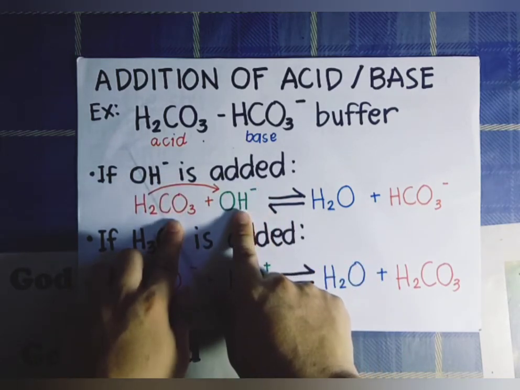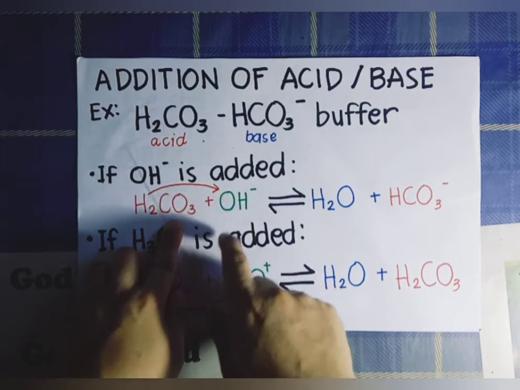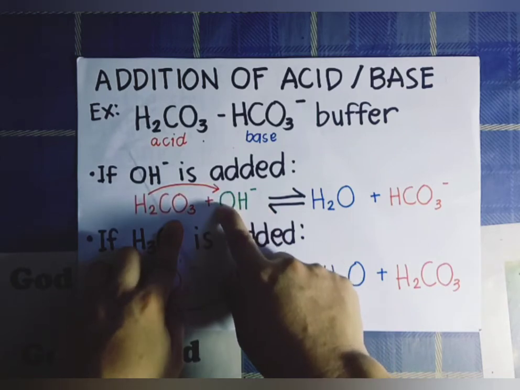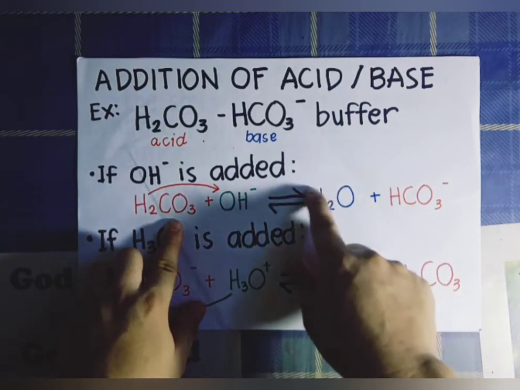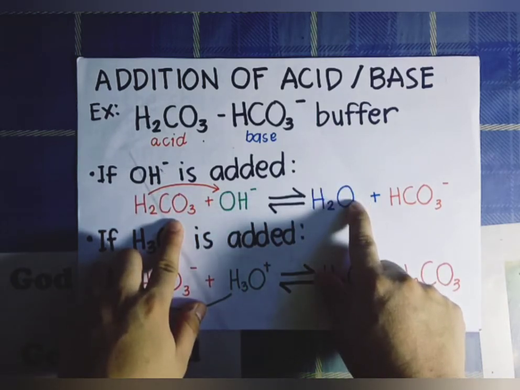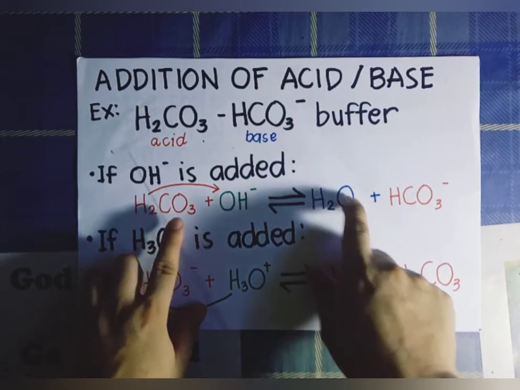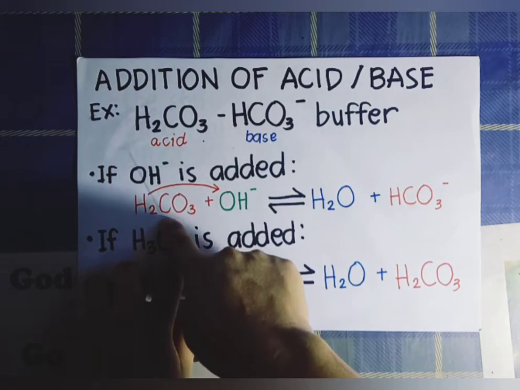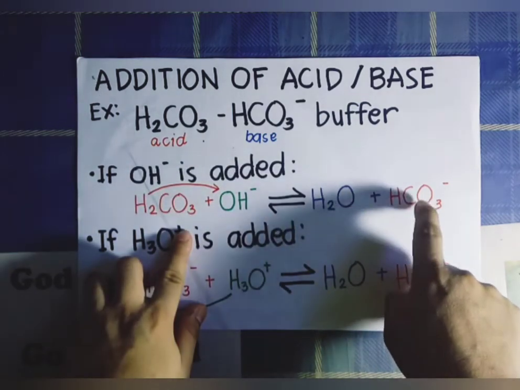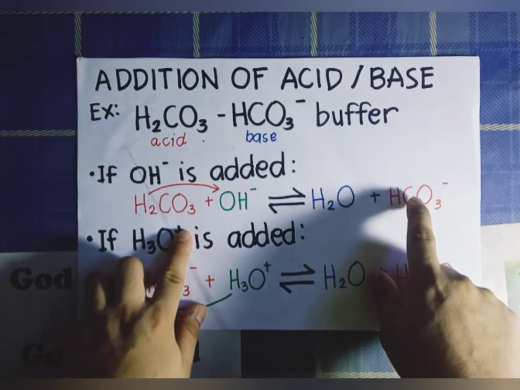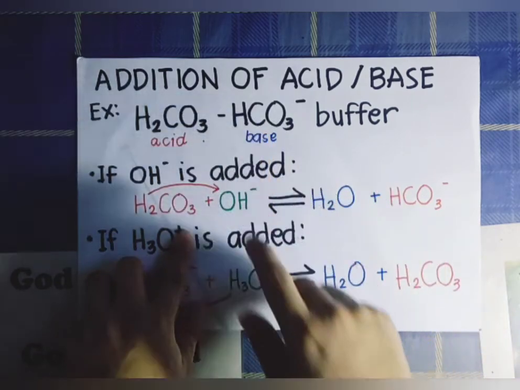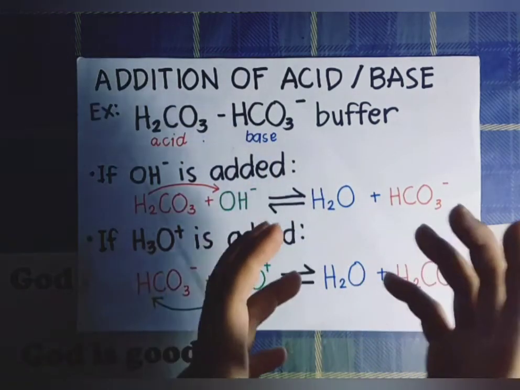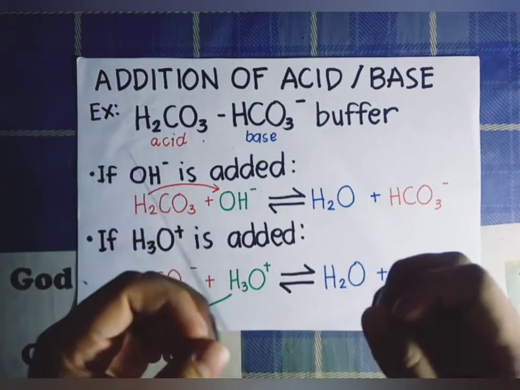After the donation of hydrogen, this hydroxide ion will turn into H2O or HOH or water, which is a neutral compound. And this carbonic acid will turn into bicarbonate ion, which already exists in our buffer solution. Therefore, apparently, nothing happened or nothing is added to the system.